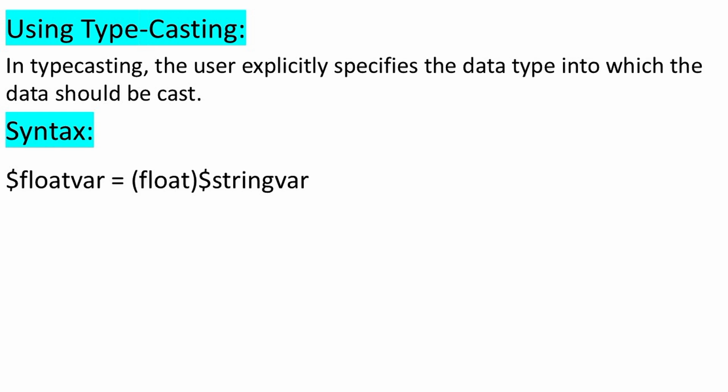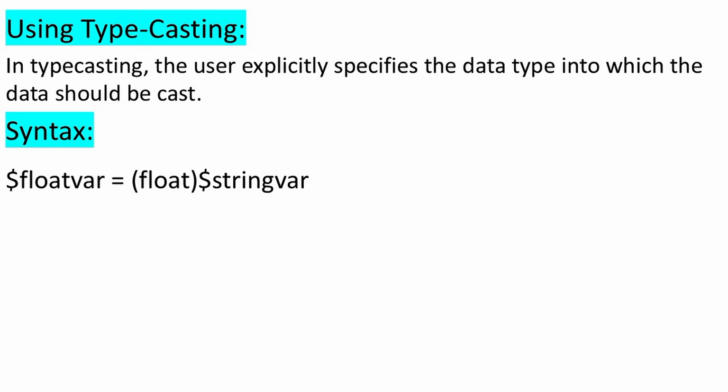One major advantage of using typecasting is that it makes your intentions clear in the code. Anyone reading your script will immediately understand that you are converting a value to a specific data type on purpose, rather than relying on PHP's automatic behavior. It also helps avoid unexpected results that might occur when PHP implicitly converts values in complex expressions.